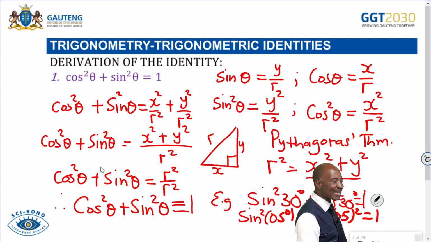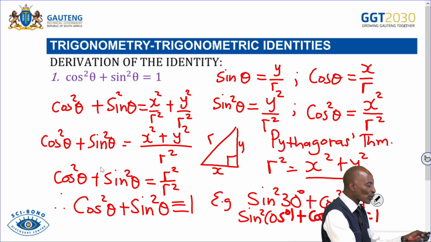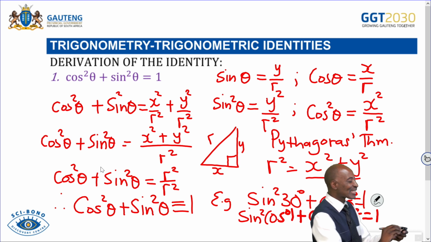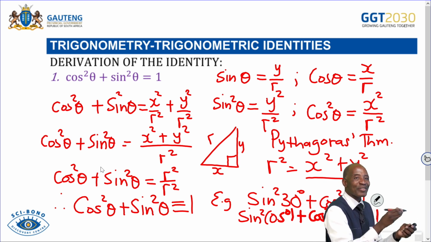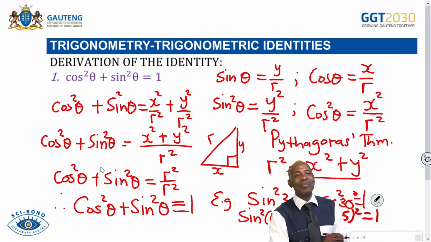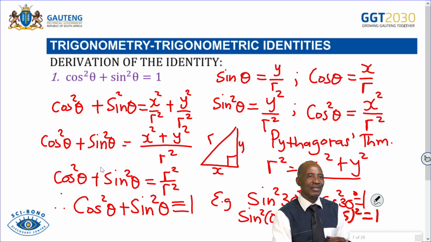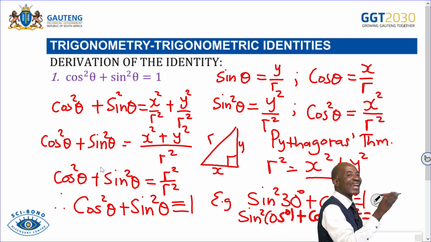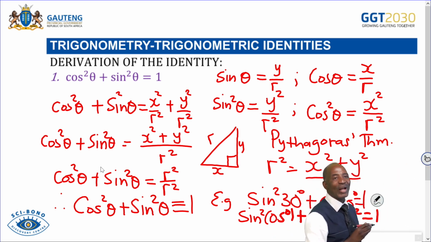Based on what we have done here, we realize that cos squared theta plus sine squared theta is identical to 1. In other words, this is another way of writing 1 in trigonometry. Our 1 as a numerical value is just that one normal 1 we know as in counting 1, 2, 3.